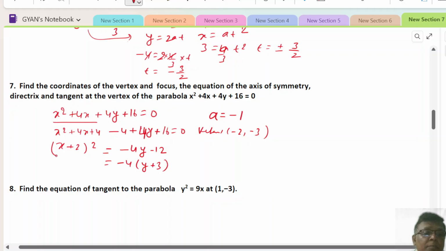So this is what type of equation? X square is equal to 4ay equation, and the vertex is shifted to minus 2, minus 3, and this is negative. So this will be like this.